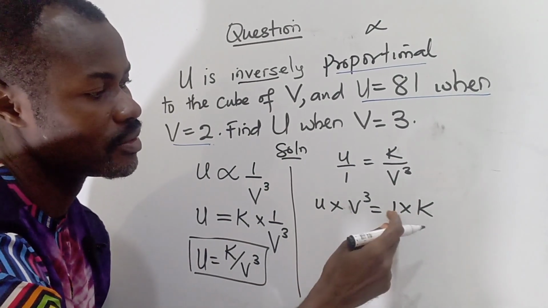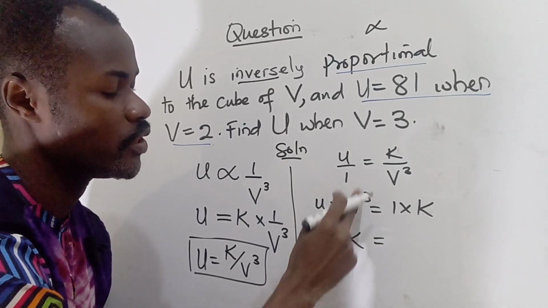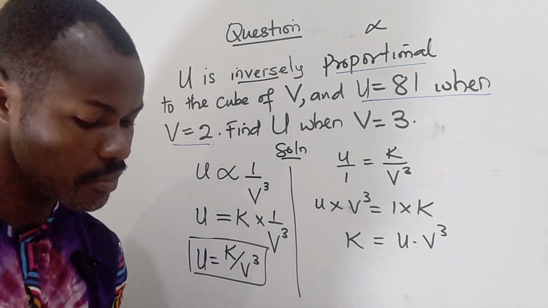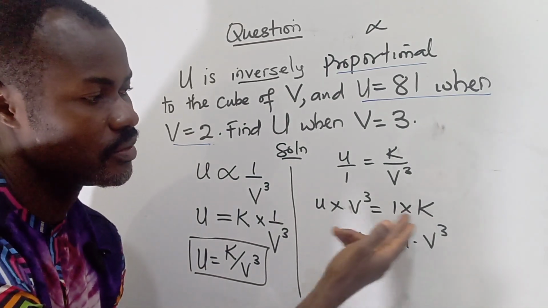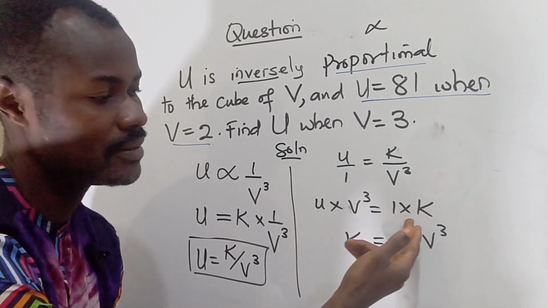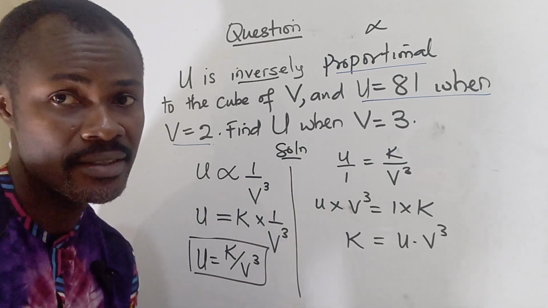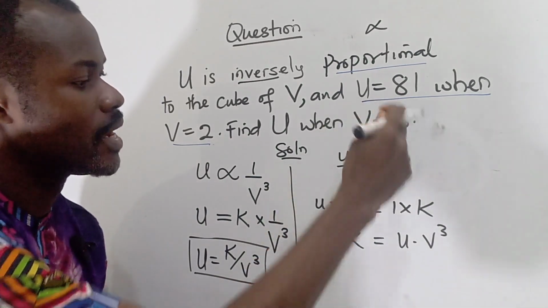This is going to give us 1 times k is k, and u times v cubed is u v cubed. You can always bring k from the right hand side to the left and equate it to the left hand side.